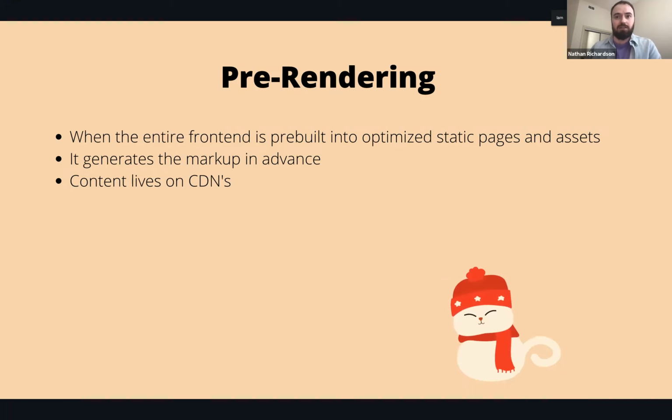These pre-rendered assets live on the CDNs as close as possible to the client, and that's what gives us our super fast loading times. But what makes this dynamic fetching possible is the rise of Lambda functions or serverless functions. And Greg is going to go more in depth on that right now.